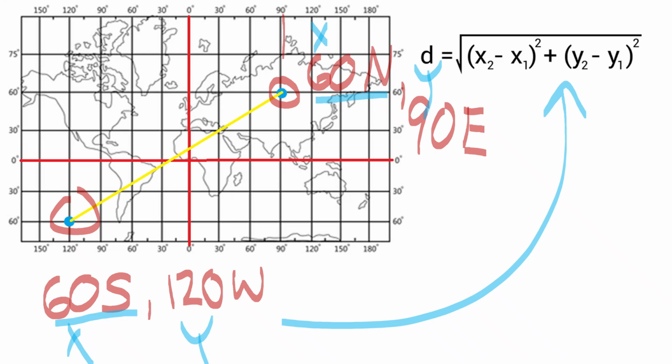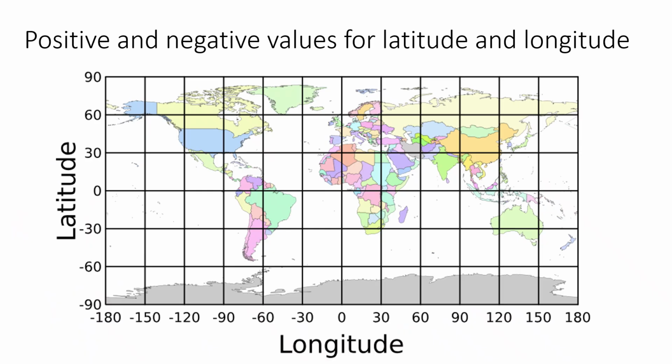You should be familiar enough with algebra to know that this over here would be a negative 60 because it's going down from that equator or down from that x-axis, and you would call this a negative 120 because you're going in that negative direction from your y-axis. Well, that's actually also done with latitude and longitude. We will use positives and negatives as well as the numbers north, south, east, and west.